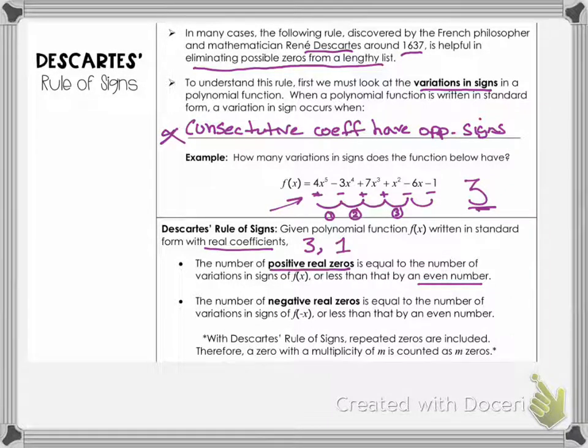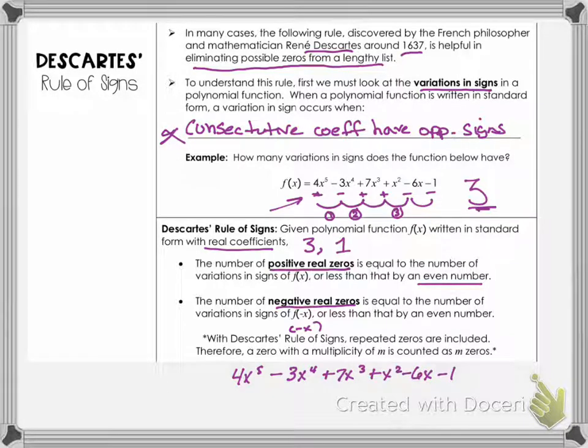Now, for the number of negative real zeros, you have to substitute negative x in, and I'll show you a fast way to do that. If I were checking the negative ones, I'm going to rewrite it down here: 4x to the 5th minus 3x to the 4th plus 7x cubed plus x squared minus 6x minus 1.